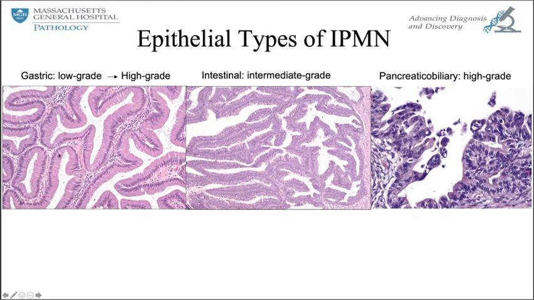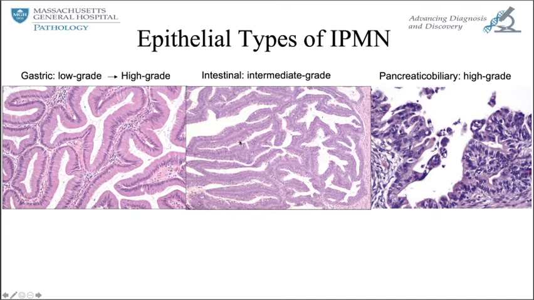Most gastric foveolar linings are low grade, and this is the most common lining of your branch duct IPMNs, but they do progress in degrees of atypia. They become pseudostratified to become intermediate grade, and then they become high grade, looking very much like your pancreatobiliary type. Your intestinal type sort of looks like a tubular adenoma of the colon.